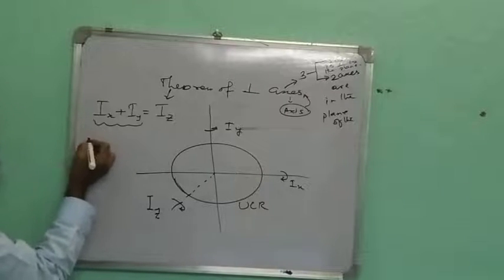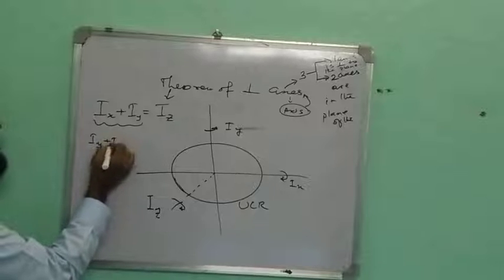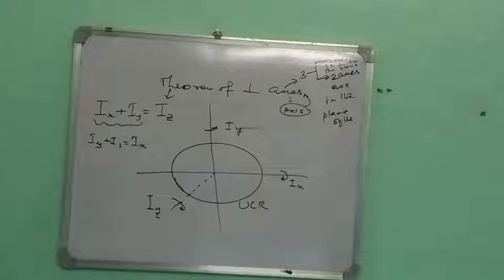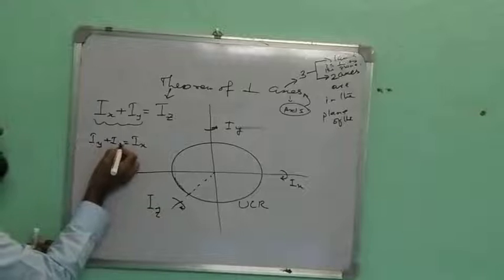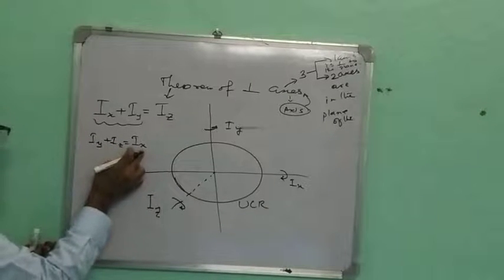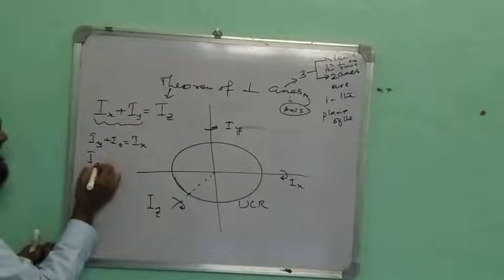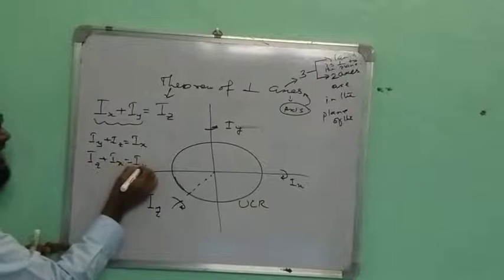Some student can write like this: Iy plus Iz equals Ix. Sir, is it wrong or right? It is also correct, when the ring is kept in the y-z plane; in that case this is the resultant. Similarly, you can write z and x, in that case the resultant is y.